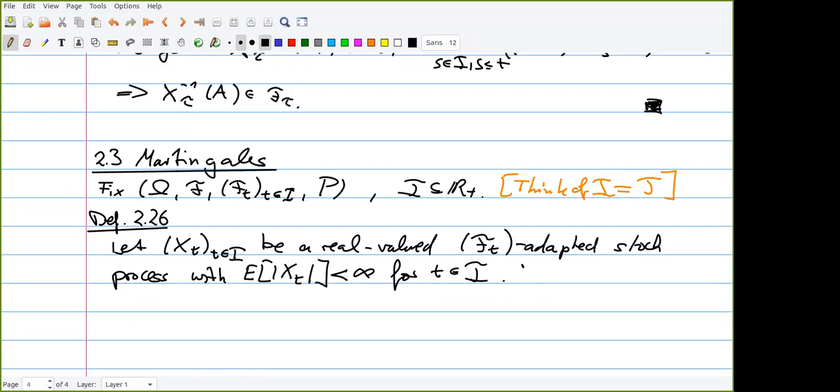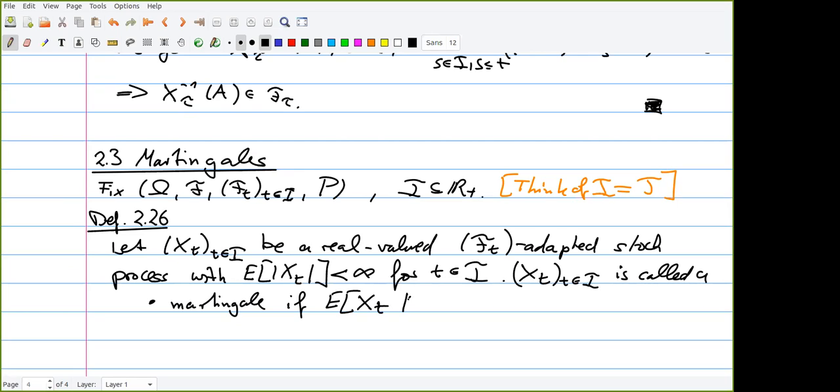And now we call X a martingale if the conditional expectation of X_t given F_s is exactly X_s. So let us digest this.